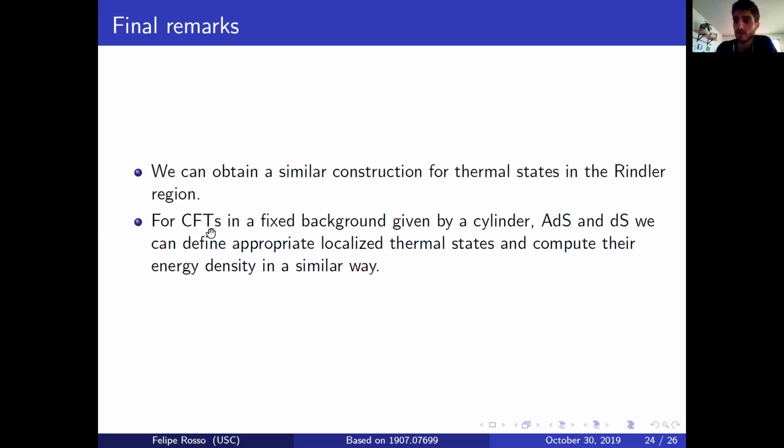If you consider a conformal field theory in a fixed cylindrical background, a fixed AdS background or a fixed dS background, you can do a very similar construction and compute the energy density of these localized thermal states, and you should get similar results. So these are other setups in which you can apply a similar construction that is useful for studying this negative energy.